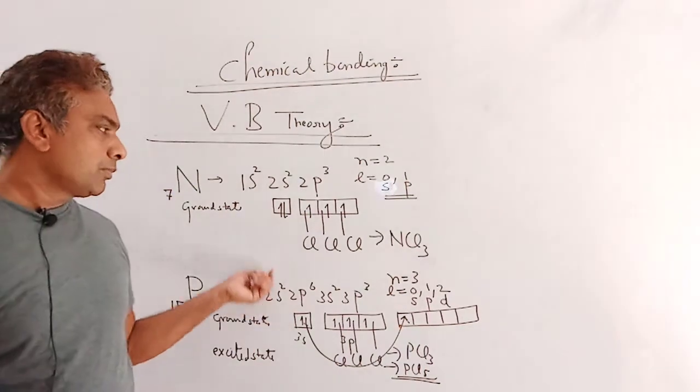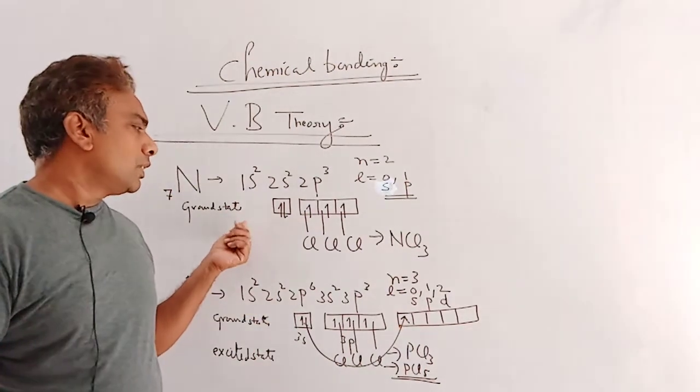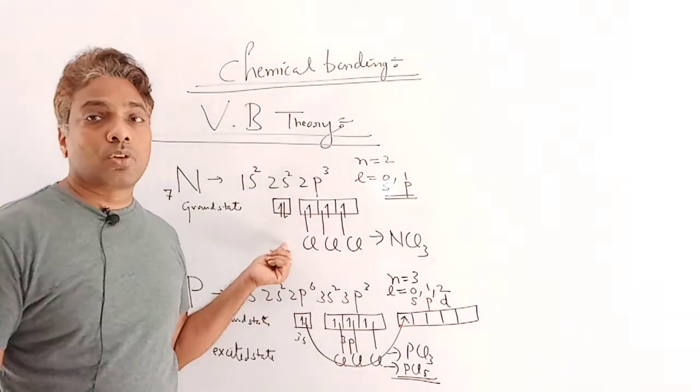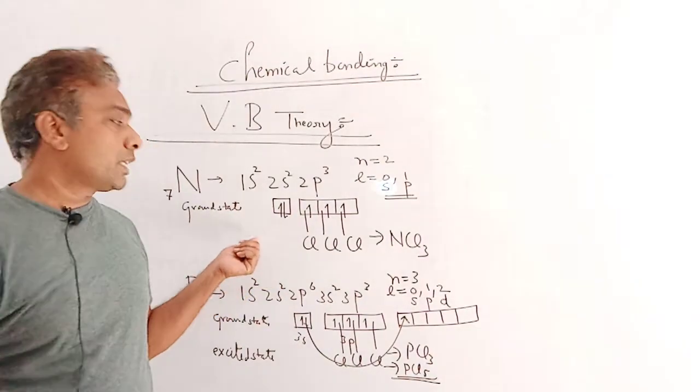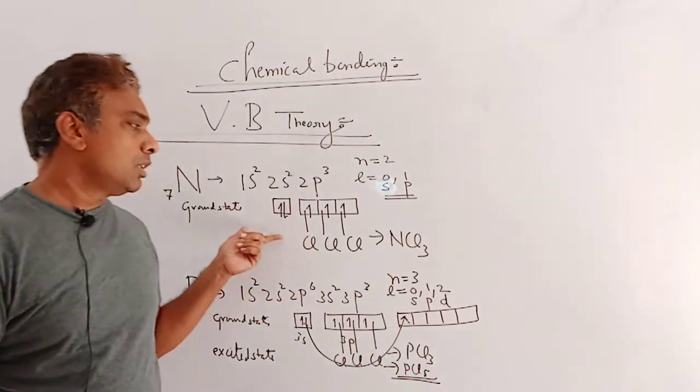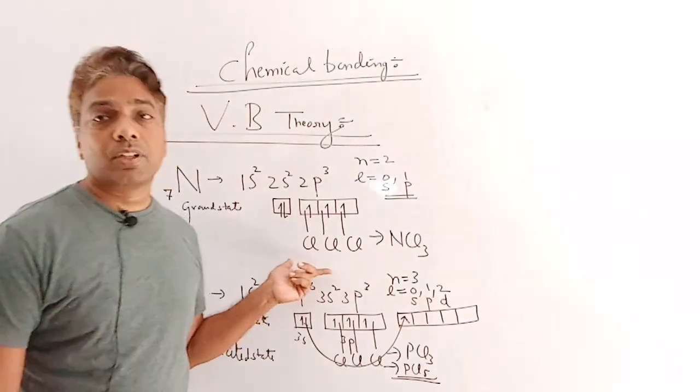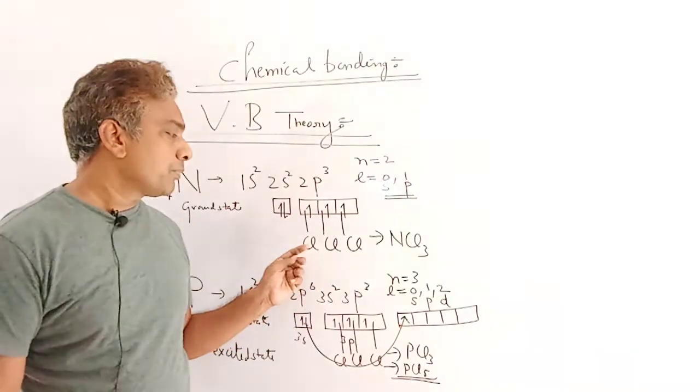While in case of nitrogen, due to the absence of a vacant d subshell, the excited state is not possible, so NCl5 does not exist.